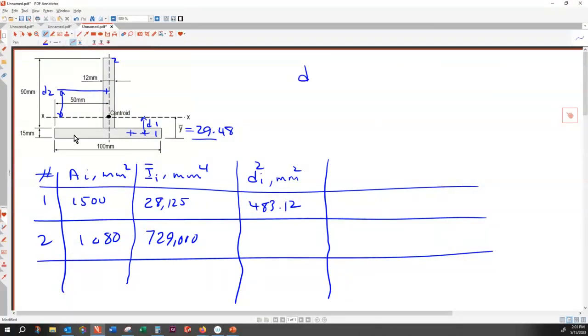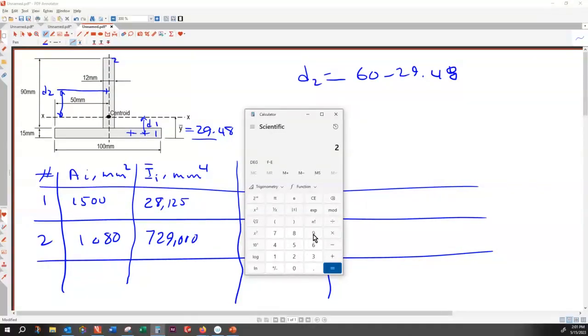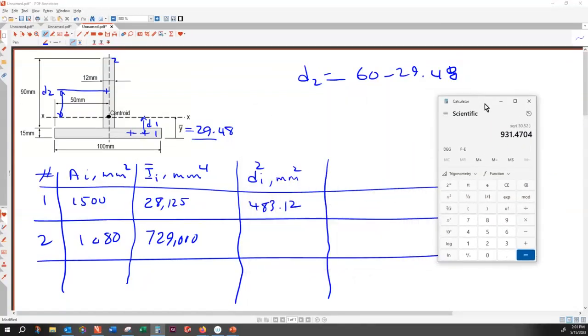And D2, that is the distance of the second shape with respect to the neutral plane. So 15 plus 45, that is 60. So that is 60 minus 29.48, 30.52 squared, 931.